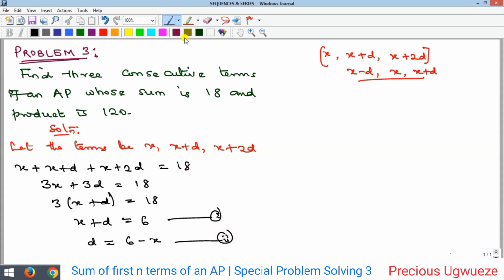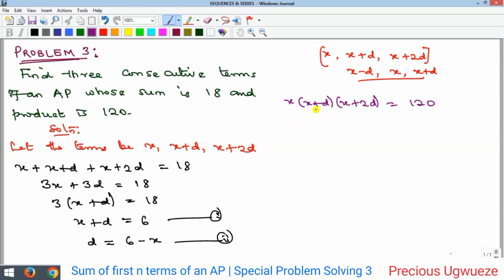Okay, having seen this, what do we do next? We'll now bring in the second part of the question, which says that the product is 120. That is to say that x multiplying x plus d multiplying x plus 2d is equal to 120. But from equation 1, we have that x plus d is 6, so we'll come here and replace this by 6.